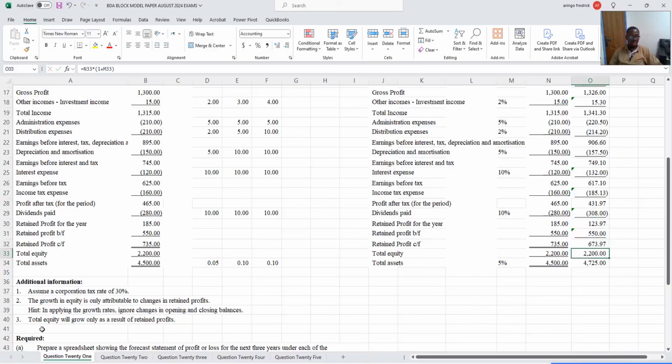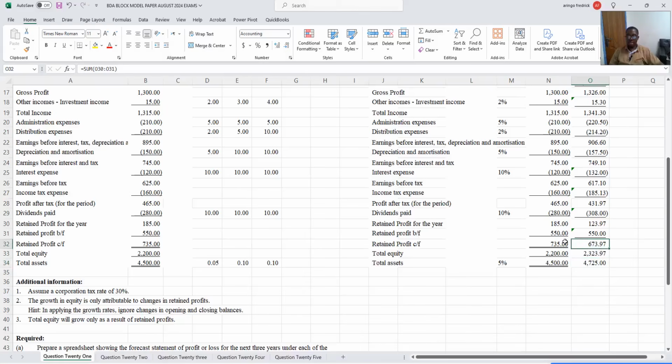Total equity. We are told to look at note 3: total equity will grow only as a result of retained profits. So I'll be having that plus my retained profit, which in this case is 123.97. That is our retained profit, right?